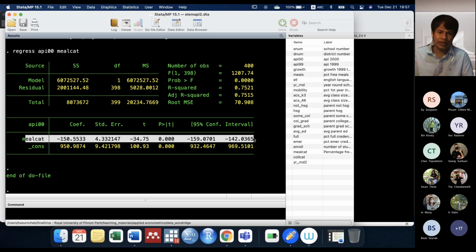There are 3 categories: 1, 0 to 47%; 2, 47 to 80%; 3, 81 to 100%. This is not quantitative information. It is qualitative information. We cannot interpret the result like this. This model is not appropriate. The result of this regression that we are doing here is not appropriate.